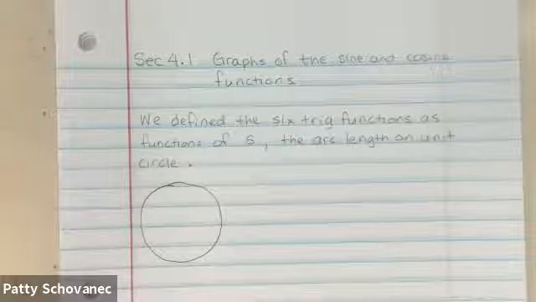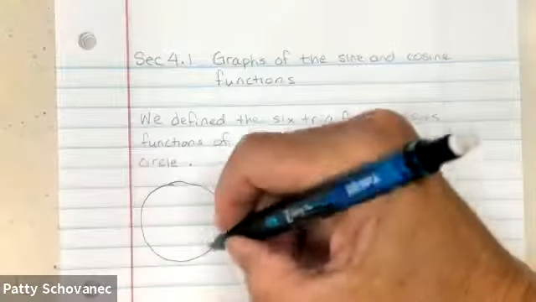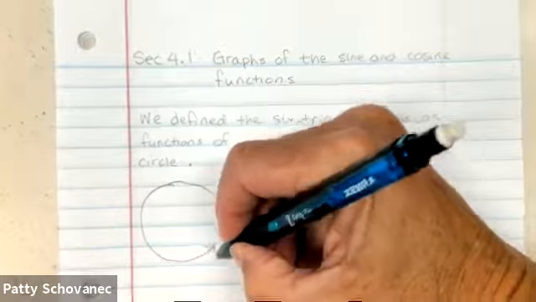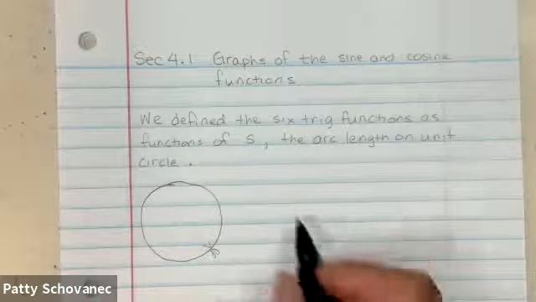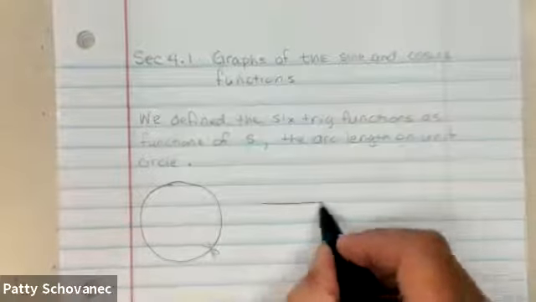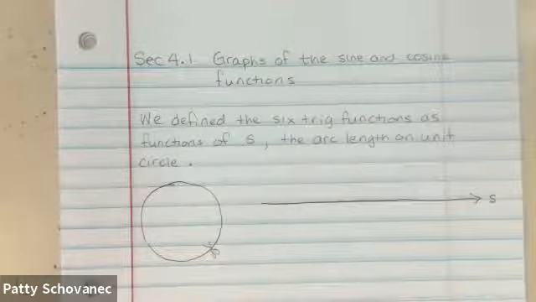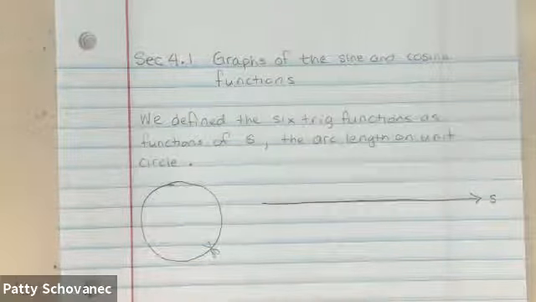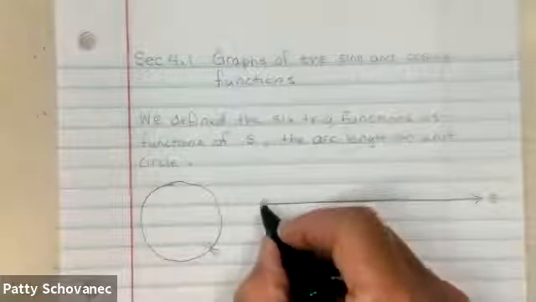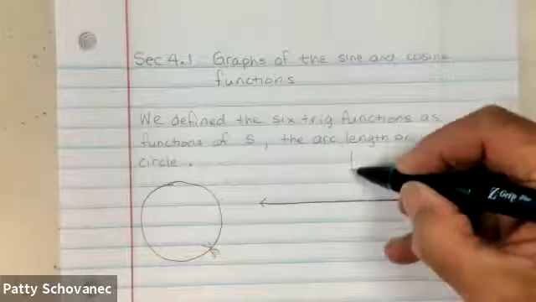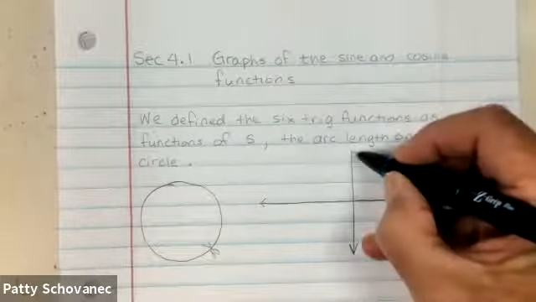I'm going to take that length and cut it and lay it out flat and call that the s-axis. And I'm going to define my trig functions as functions of the s-axis.